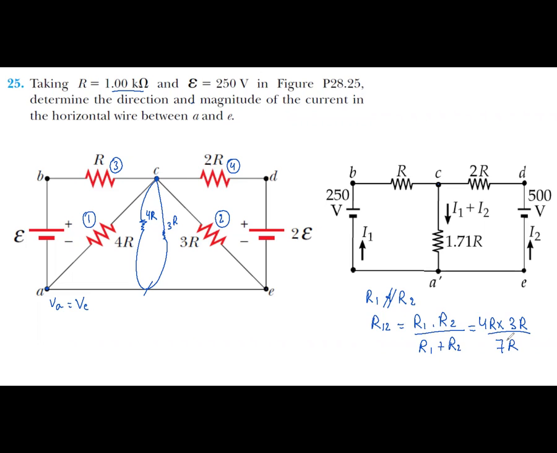Here we get 12 divided by 7R, which is equal to 1.71R. Okay, this is the equivalent of the two parallel resistors. Here we come to this figure.